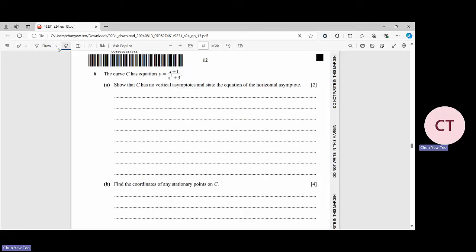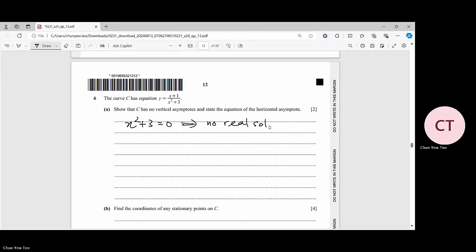To show that the VA doesn't exist, we just need to take the denominator, let it equal to 0. From here, we just say that it has no real solution.